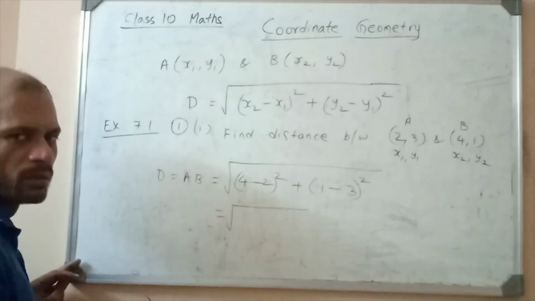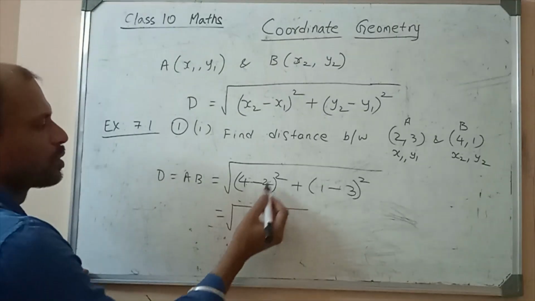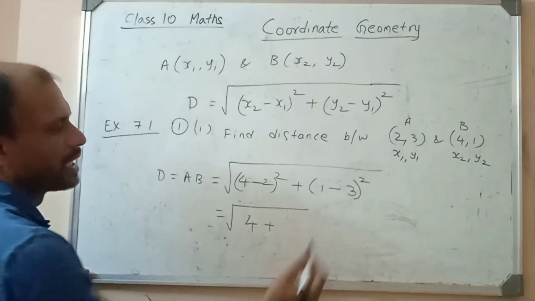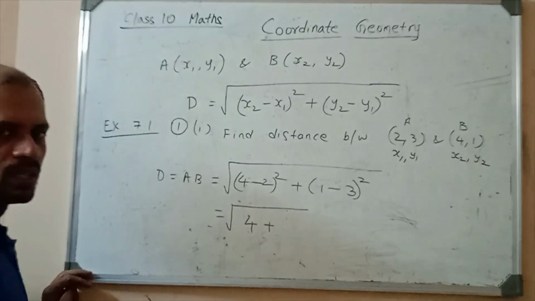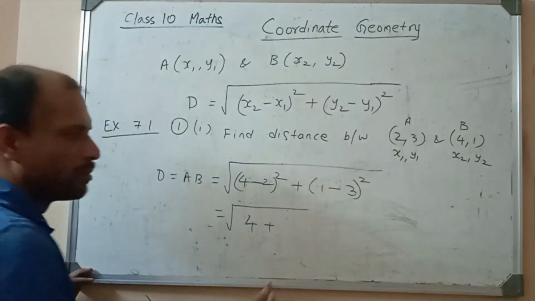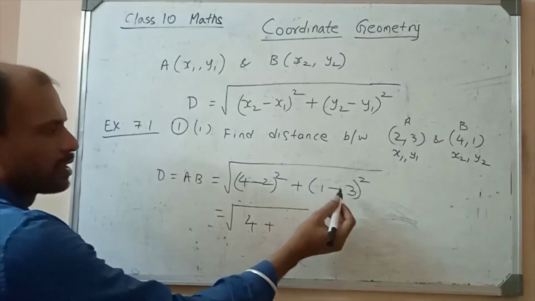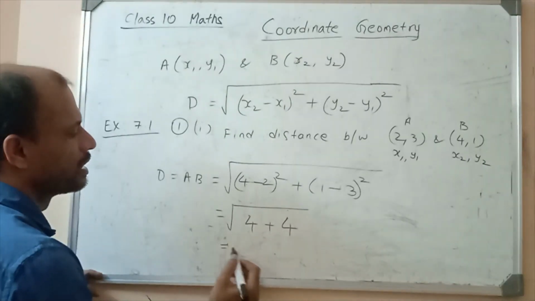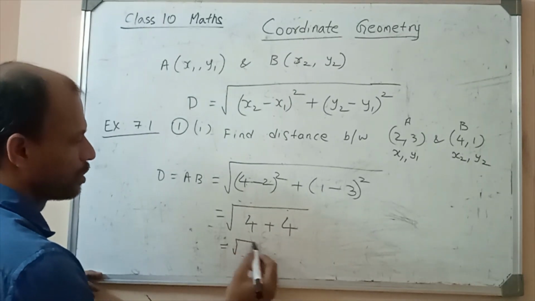4 minus 2 is 2. So 2 square is 4. And then plus here 1 minus 3, 1 minus 3 is minus 2. If you square even a negative number, you will get a positive only. So here also 2 only. Minus 2 square is 4. So 4 plus 4 we get 8. Root 8.